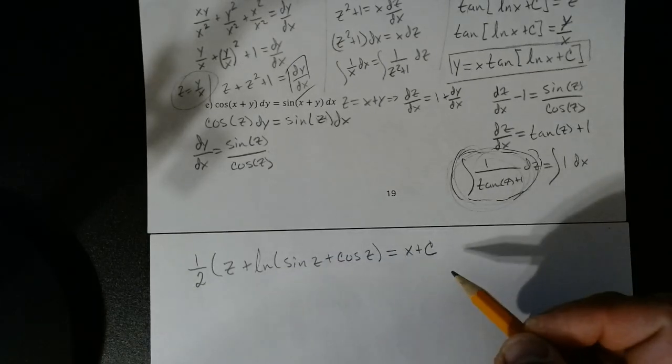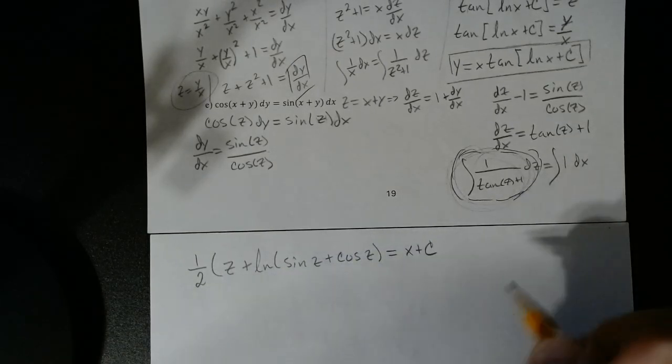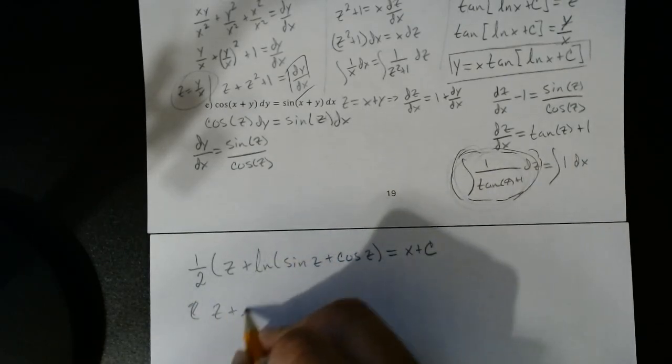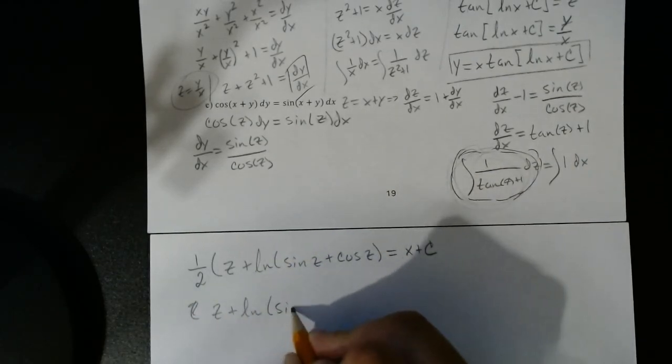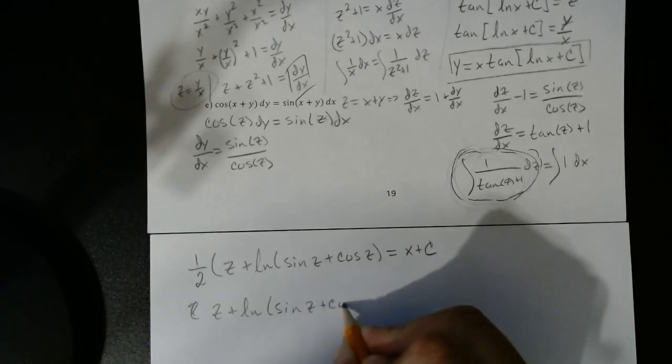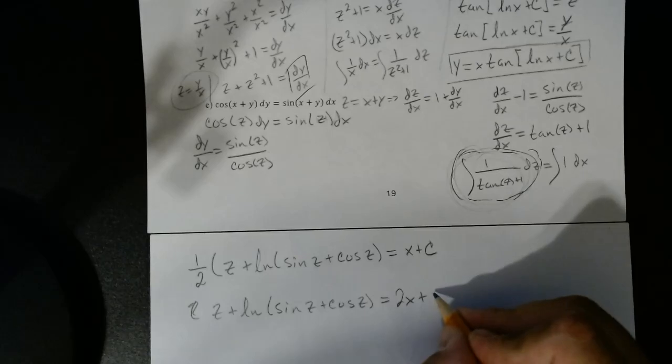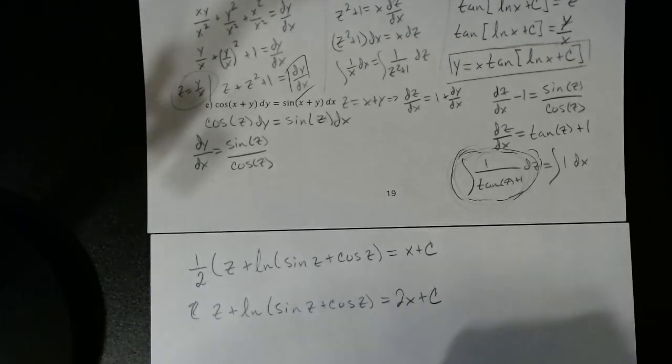Okay. Multiply everything by 2. Two times c still gives you the c value.